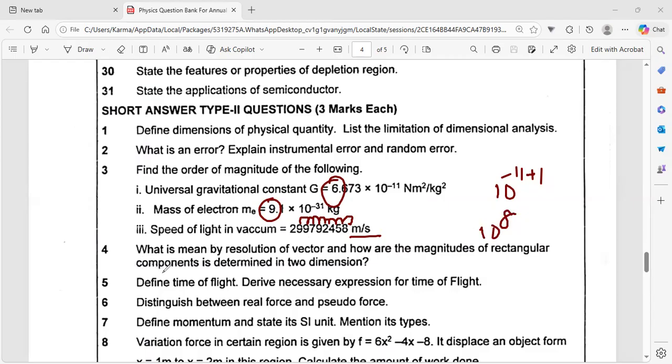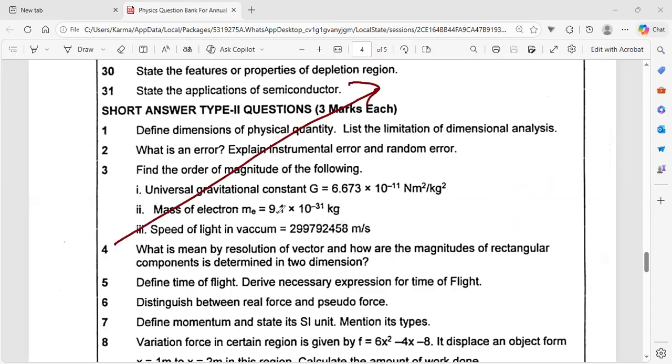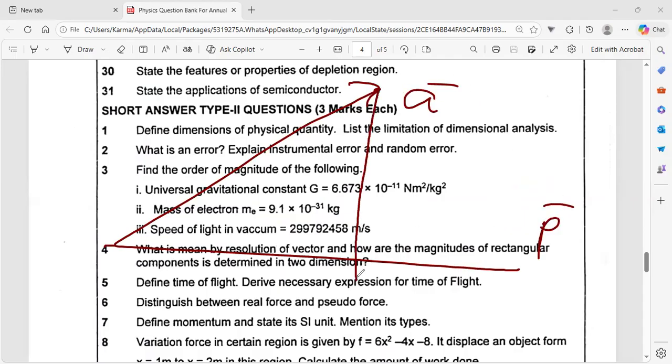What do you mean by resolution of a vector, and how is the magnitude of rectangular components determined in two dimensions? For any particular vector, the effect of that vector in a particular direction is called the resolution of vector A along the P direction. How do I do it? I drop the perpendicular. This length is the effect of the vector along the direction.